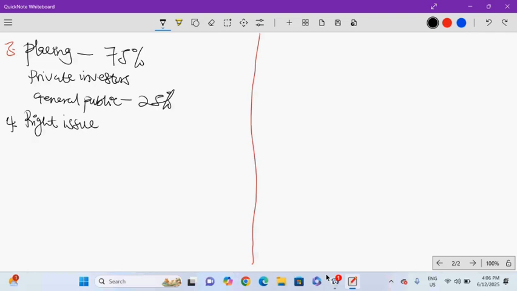So we are not going out of the entity, but the existing shareholders buy the shares in proportion to their existing shareholdings, right? Usually it's at a lower price than the actual price of the shares.